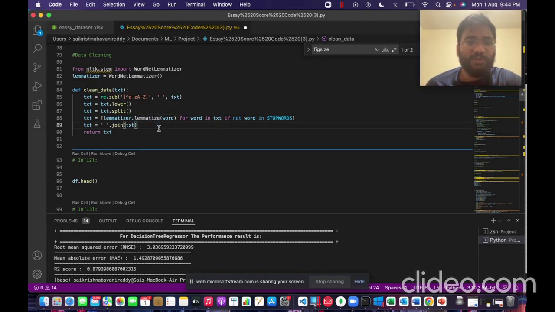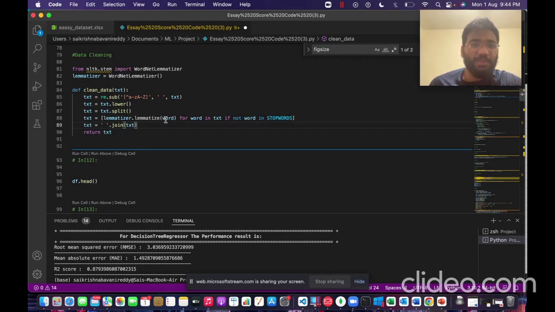Like if there is a word called teach, teaches, teaching, teached, which is repeated multiple times with a different tense, all those are considered as the single base word teach. If we don't do this lemmatization, it will think teach, teaches, teached are all different words, and it will consider each one as a single word.